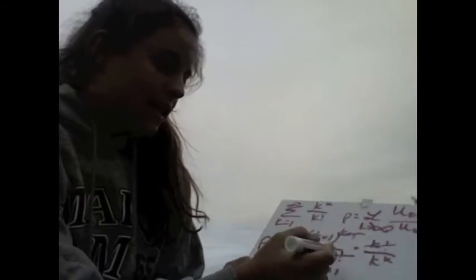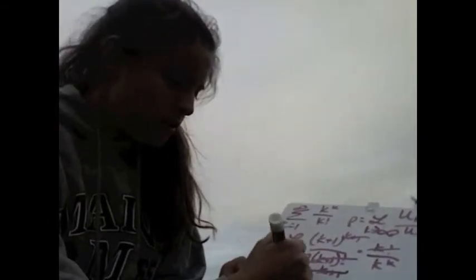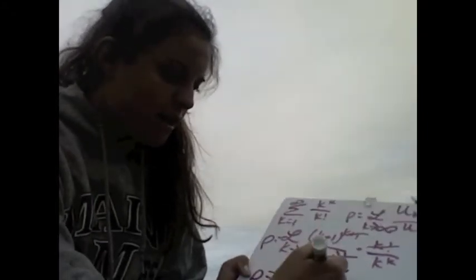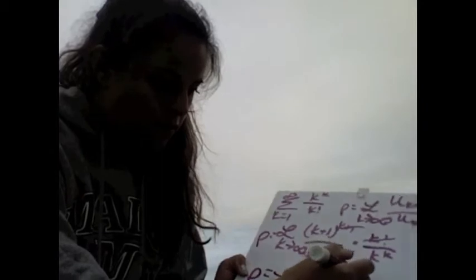And we know that k plus 1 to the k plus 1 is the same as k plus 1 to the k times k plus 1. So this is going to cancel with this, which will leave us with rho equals the limit as k approaches infinity of k plus 1 to the k all over k to the k. Got it? Oh, the limit doesn't exist!